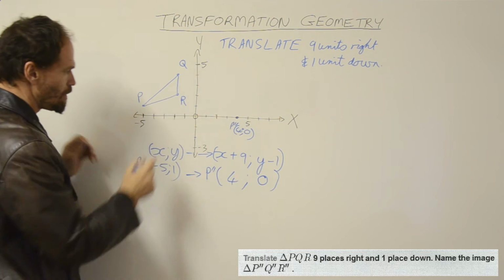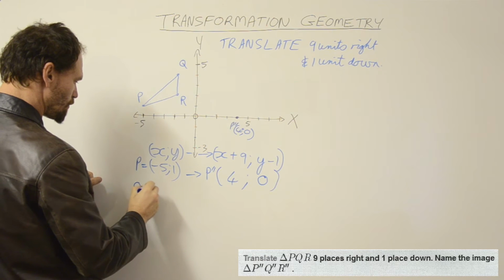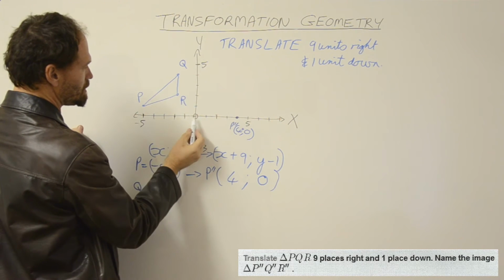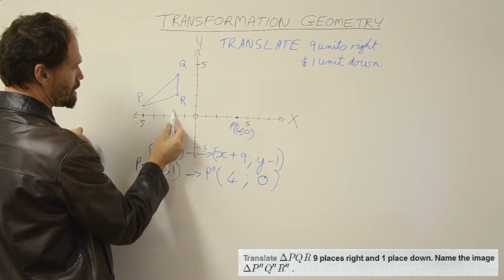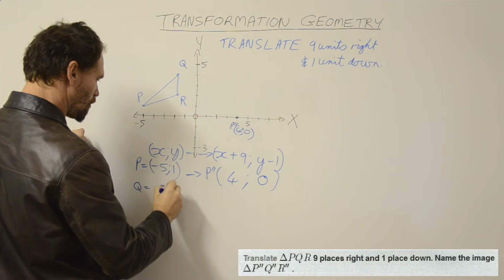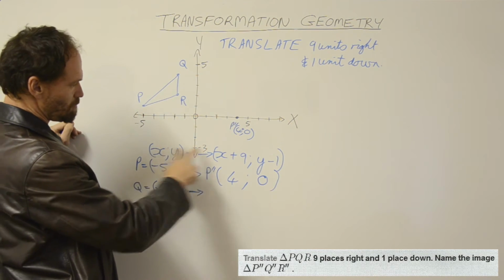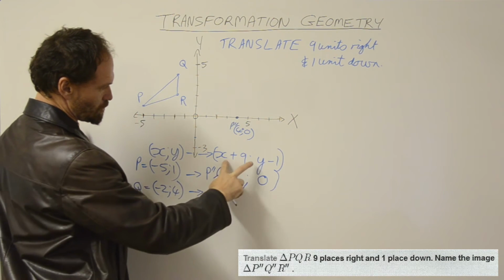What happens to my point Q? Let's say I started off with Q, which was the point negative 2 and 1, 2, 3, 4. So negative 2 and 4. What happens to that under that transformation? So I put the negative 2 and 4 in there.